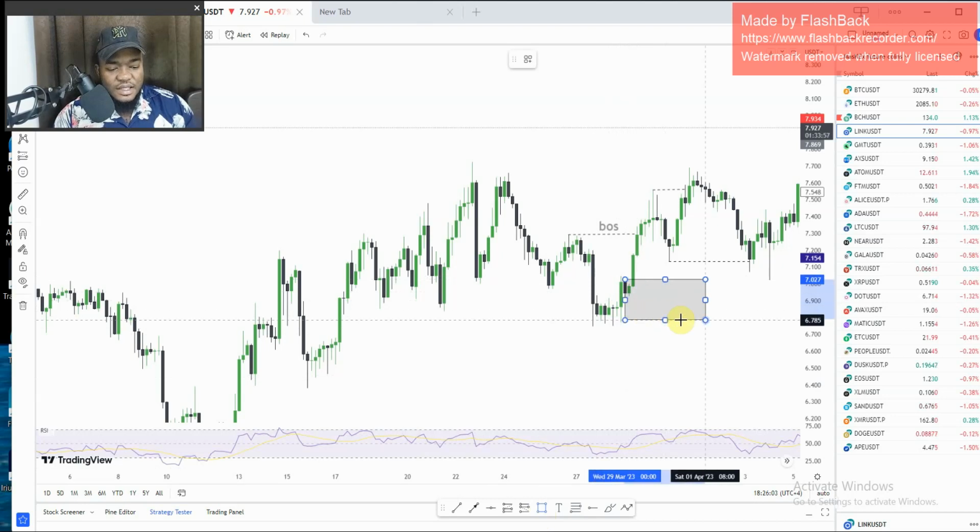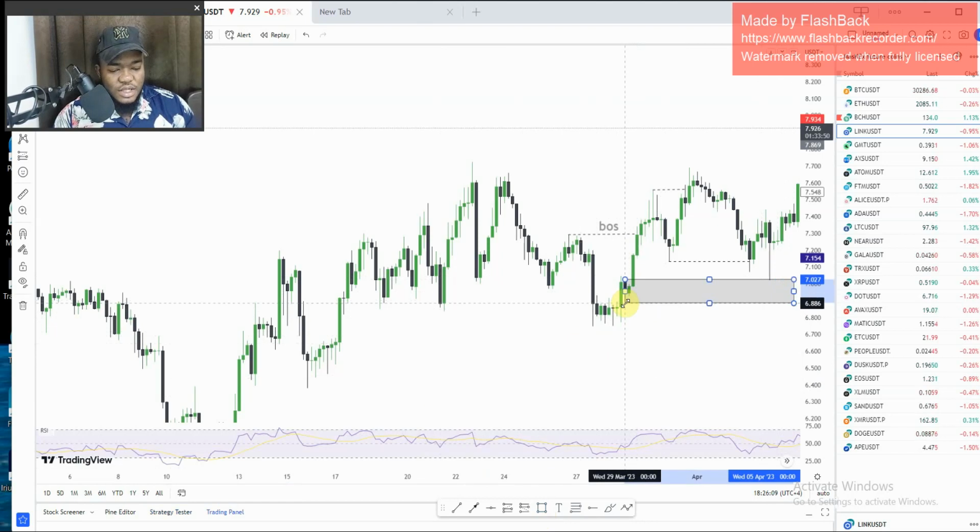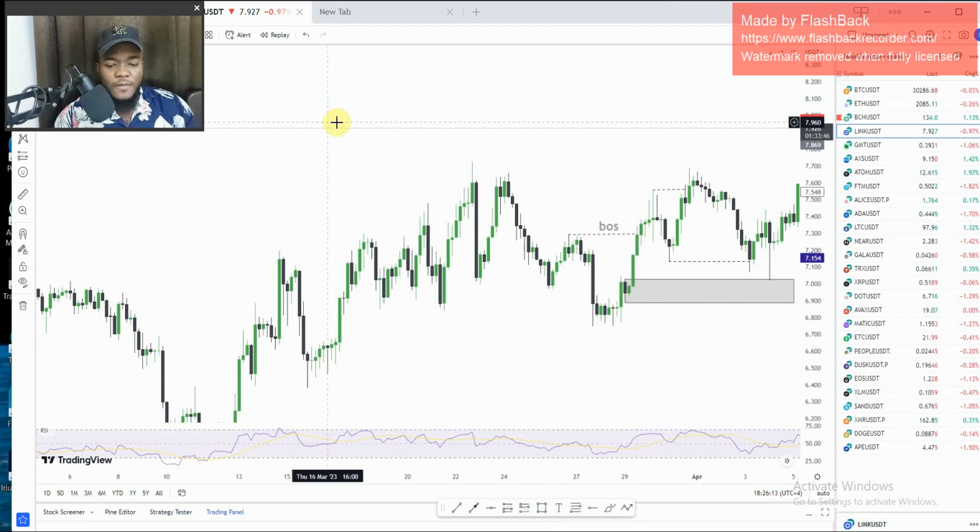the last sell candle before the buy. So this particular candle here is the last sell candle before the buy. Let me just write this here: last sell candle before the buys is the place for you to find your order block.